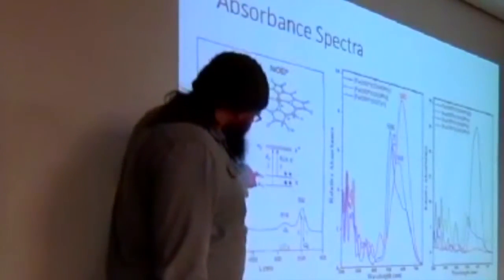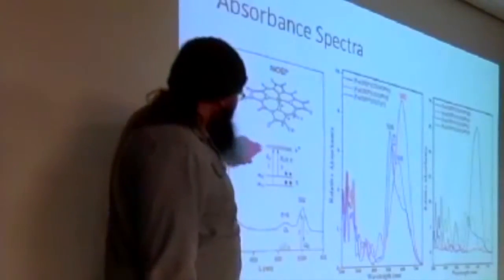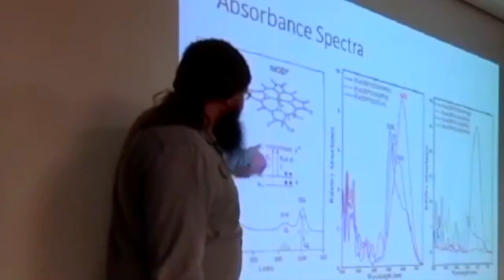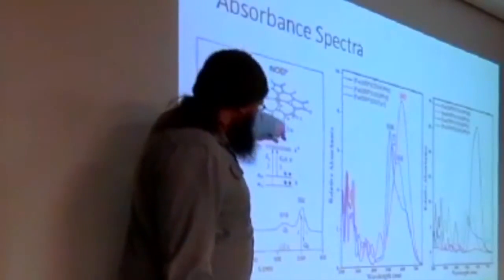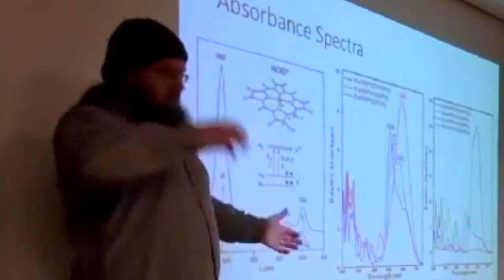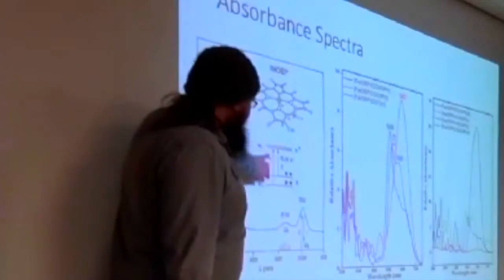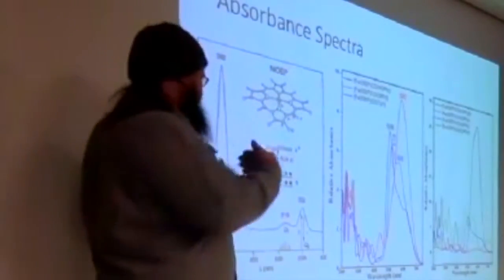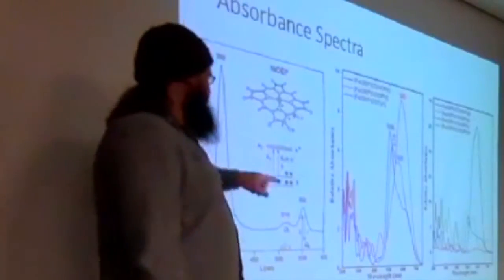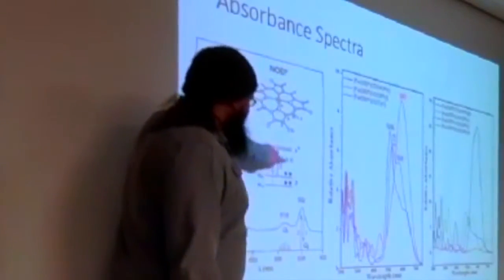And so your HOMO and your HOMO-1 actually both have a pi to pi star transition, where they both go to this Eg pi star orbital in basically all porphyrins. And these two orbitals are so close in energy that they end up actually interacting with each other.